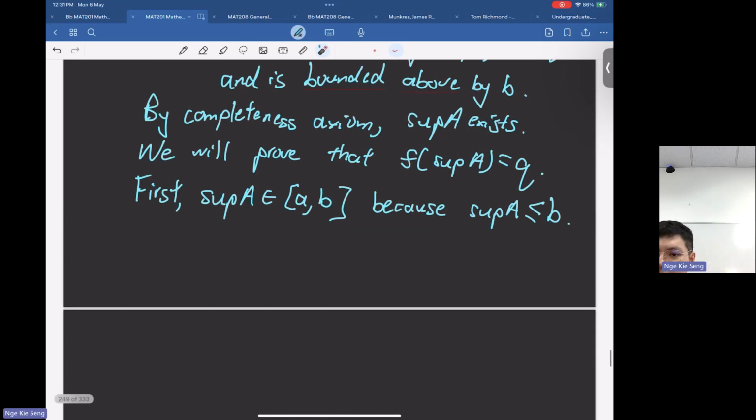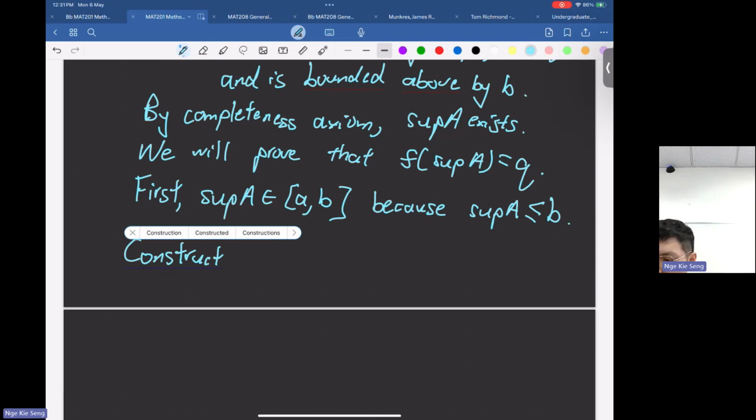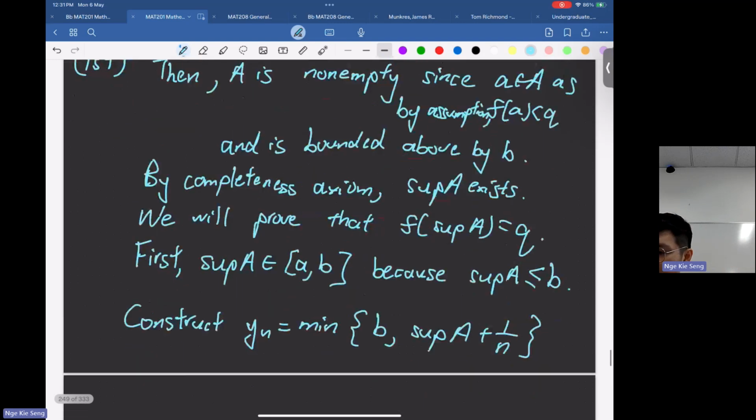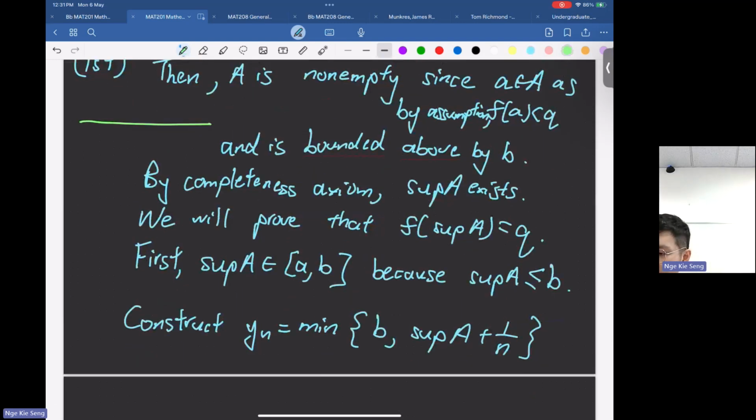Okay, let's try and construct this y_n here. We construct y_n to be the minimum of b or sup A plus 1 over n. So what does this do? Imagine what is happening here.